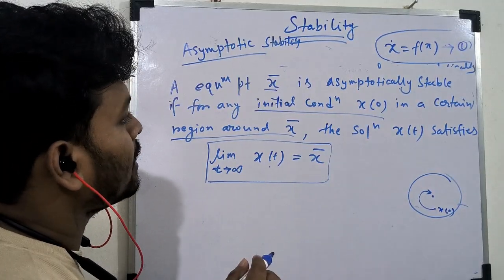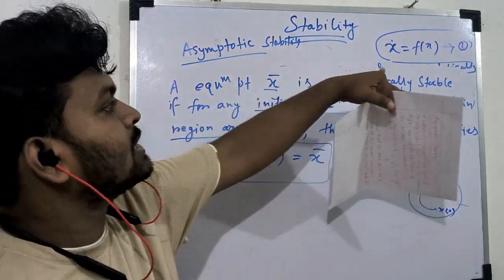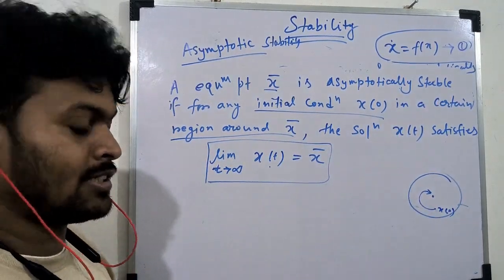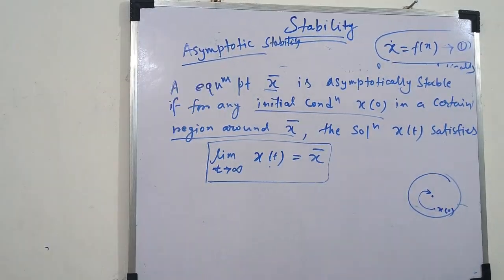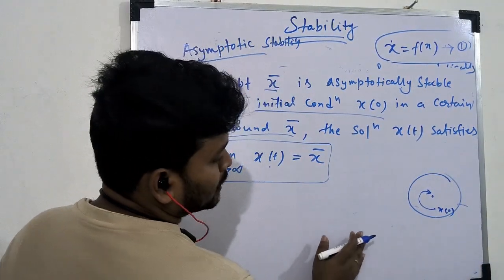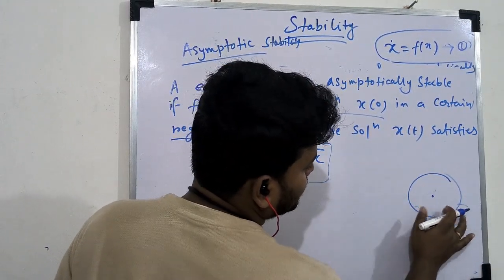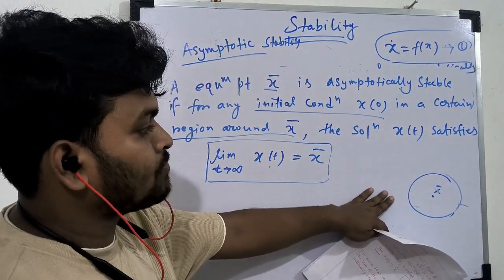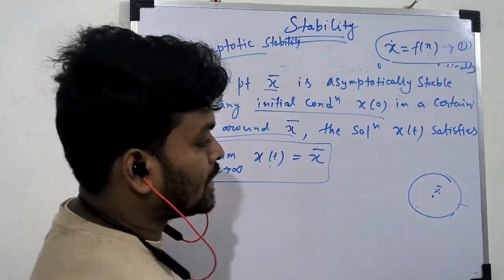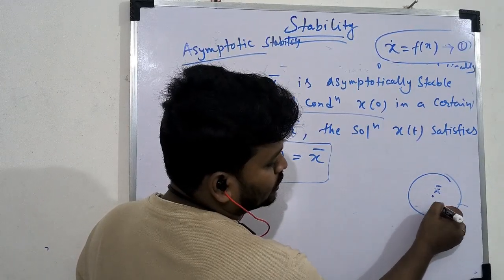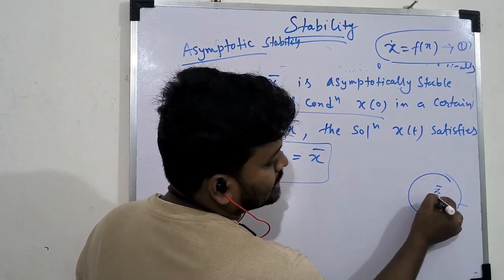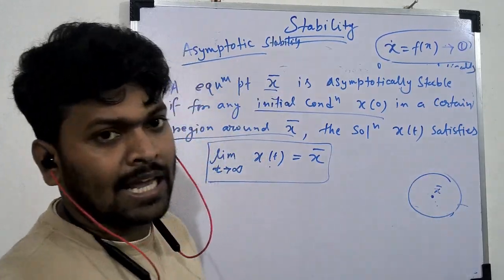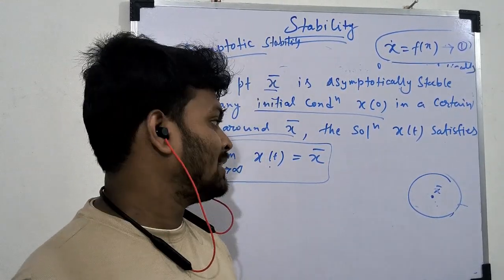So this is asymptotic stability, and whenever the equilibrium point of a system is asymptotically stable, the dynamical system is also called asymptotically stable. In other words, the equilibrium point x bar is called asymptotically stable if all the solution trajectories close to this equilibrium point approach it arbitrarily closely.